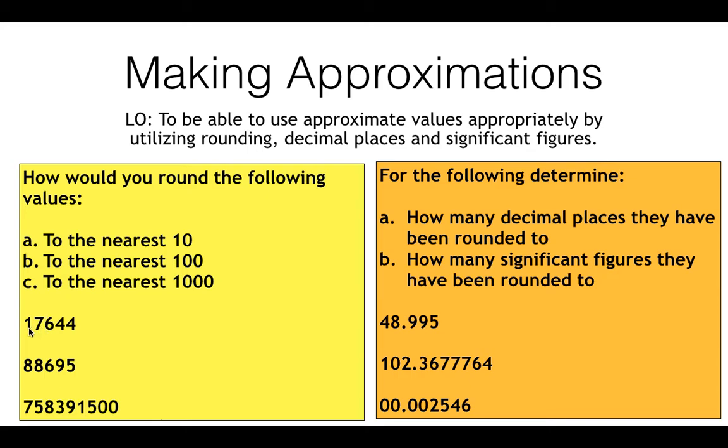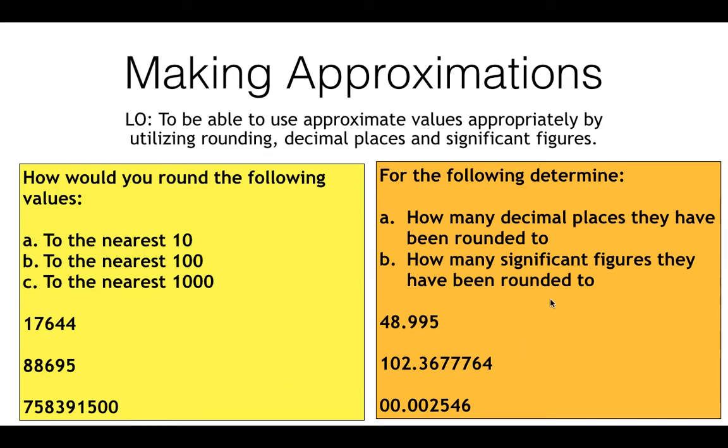So I'm going to round up and I'm going to end up with 18,000 to the nearest 1,000. Here again, we are more than 500. This number here is more than 5. So we're going to round up to 89,000. And this final value here is 5. And 5 or more we round up. So it's going to end up with 2,000 at the end.